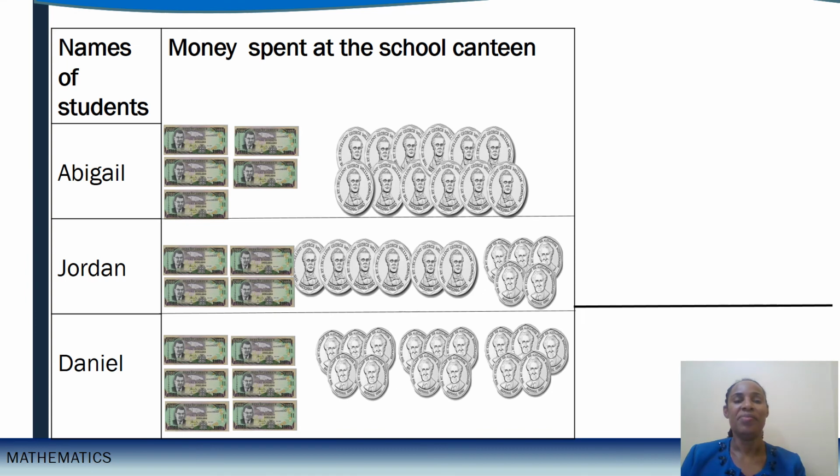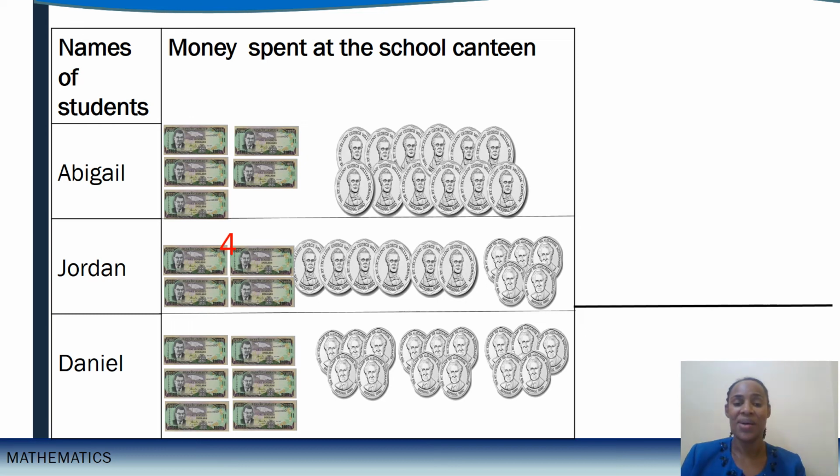Now, boys and girls, we will check to see how much money Jordan spent. Again, look at the $100 and tell me how many $100 did Jordan spend? Great going, boys and girls. Jordan spent $400. What about the $10? How many $10 did Jordan spend?